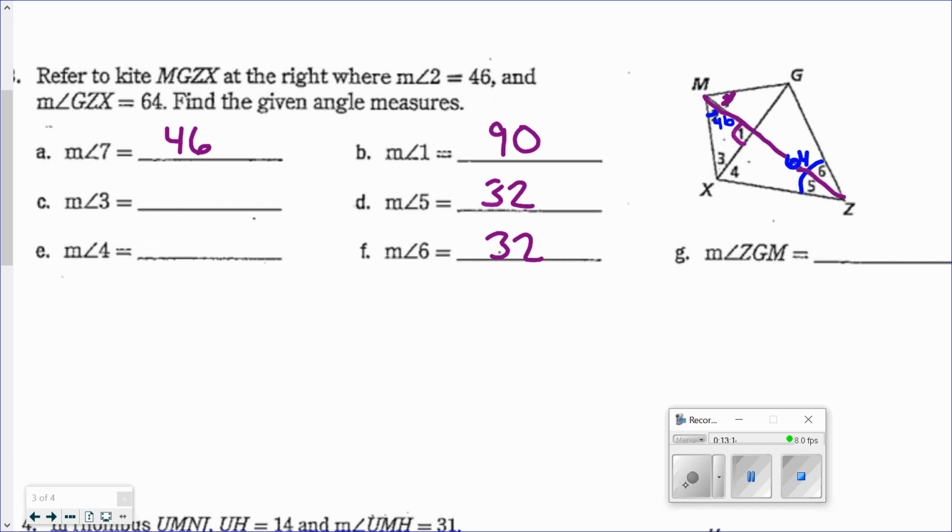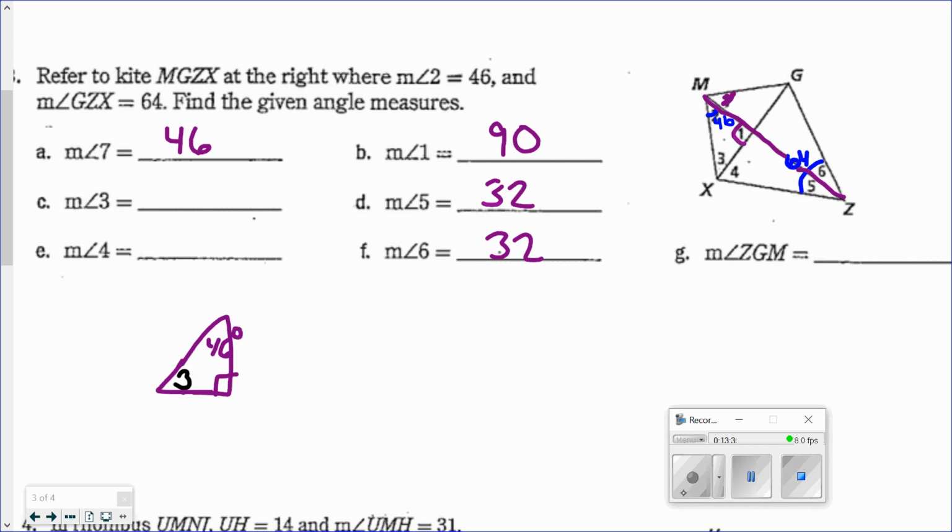So lastly, I need to figure out what is the measure of angle 4 and angle 3. Well, if I look closely, I notice 2 right triangles. And I'll kind of sketch this out. I have a triangle where this is 46, and I need to figure out the measure of angle 3.